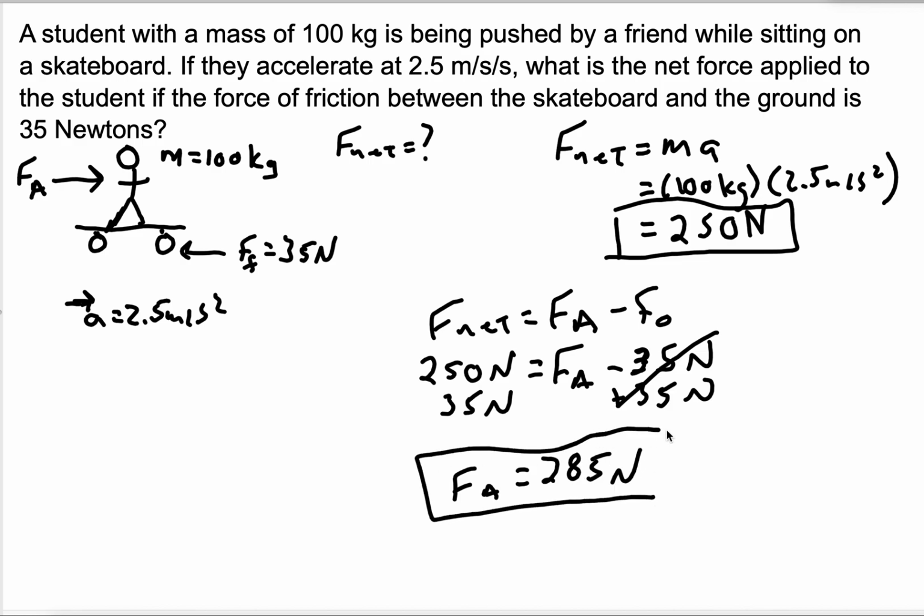So that's how hard my friend is pushing me. The one force that replaces all the forces would be 250, and my friend is pushing with 285. Friction is pushing against him with 35. Good so far?